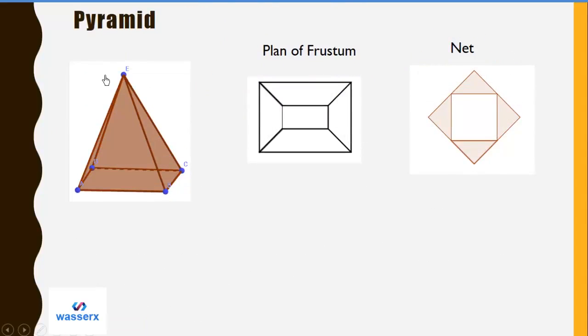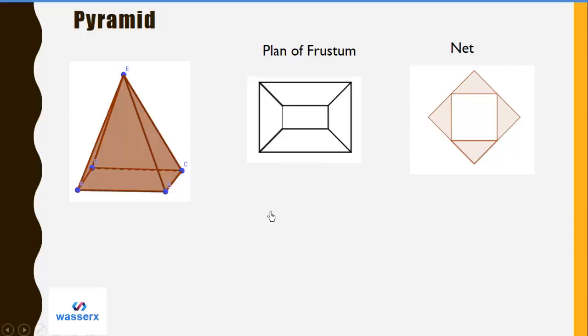Now a pyramid, unlike the prisms, does not have uniform cross-sectional area. Now, taking this pyramid for instance, it is a pyramid with a rectangular base, and this is the plan of the frustum of this pyramid. Then the net is given by this.